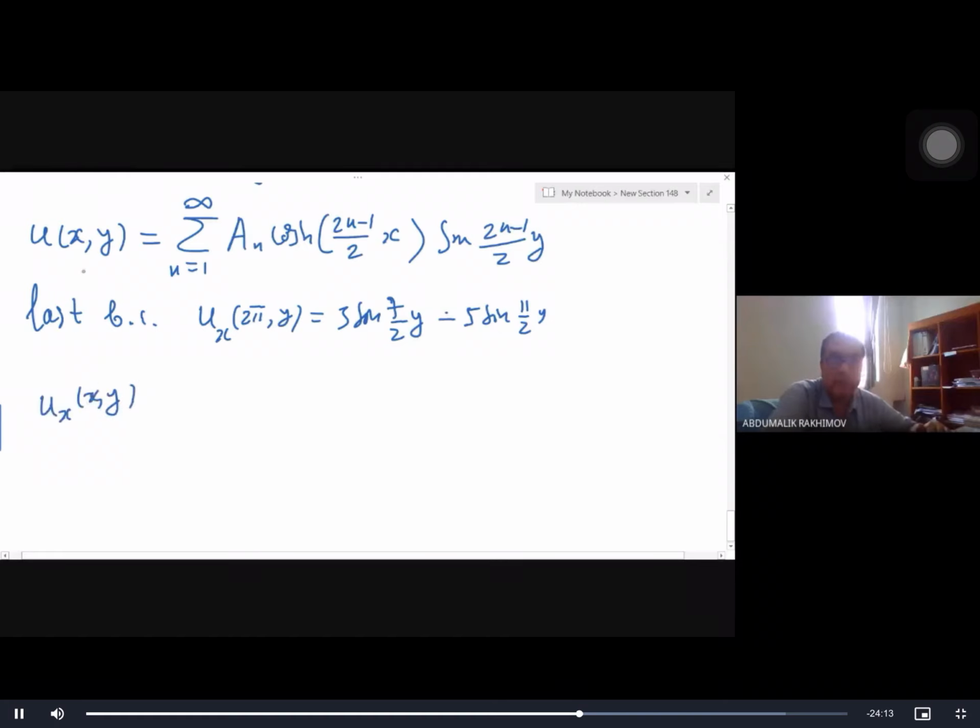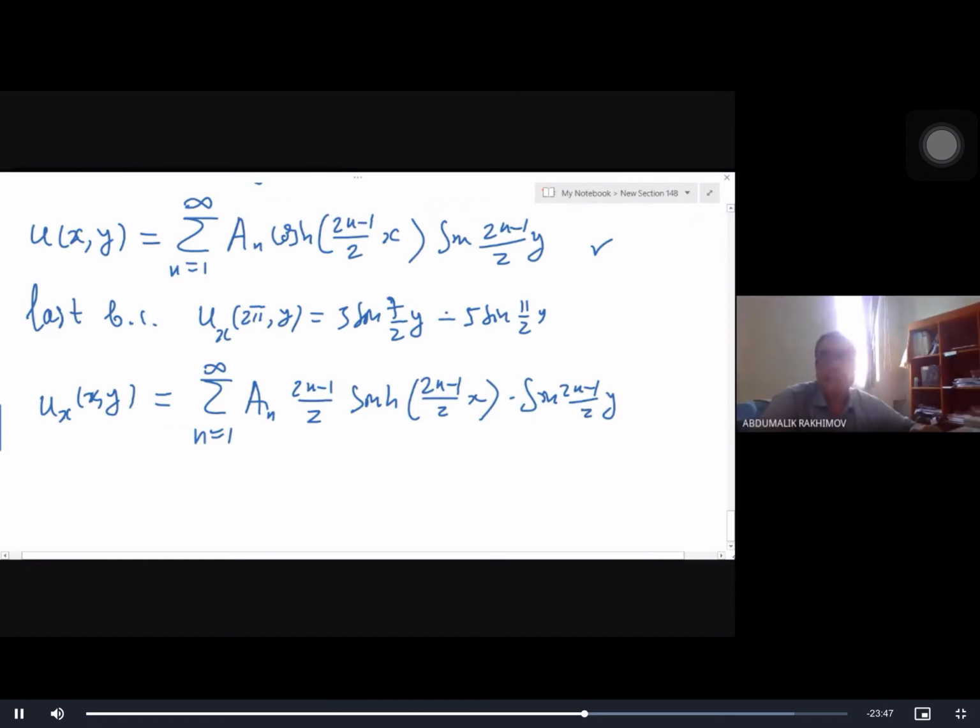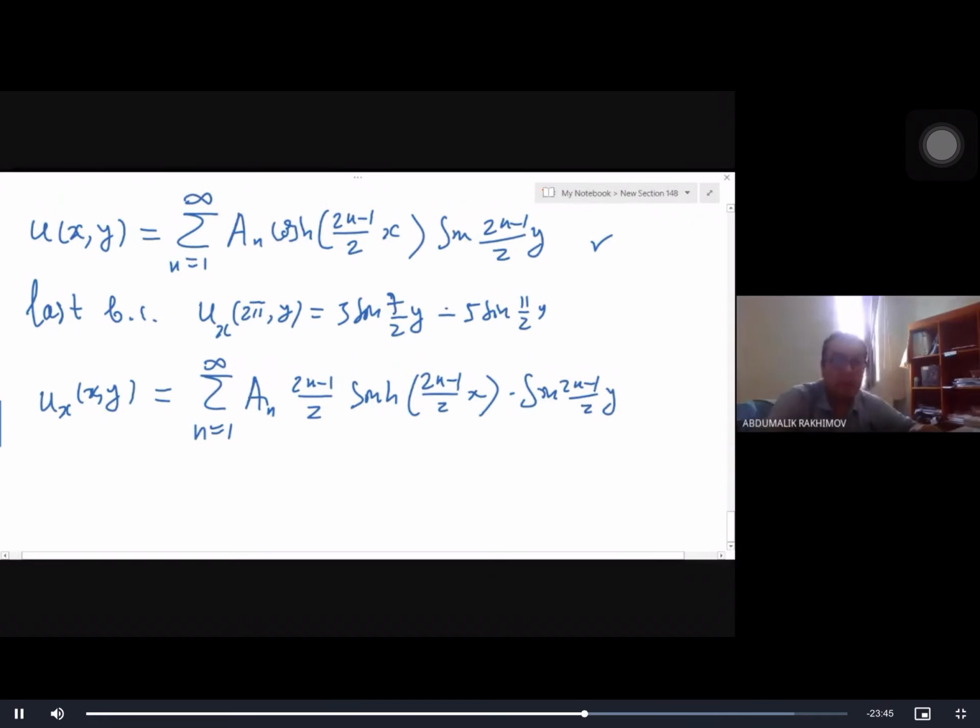This is the derivative of the solution. It equals the sum n from 1 to infinity of a_n, the derivative is (2n minus 1) over 2 sine hyperbolic ((2n minus 1) over 2 x) times sine ((2n minus 1) over 2 y). Okay? Now I can check this condition.